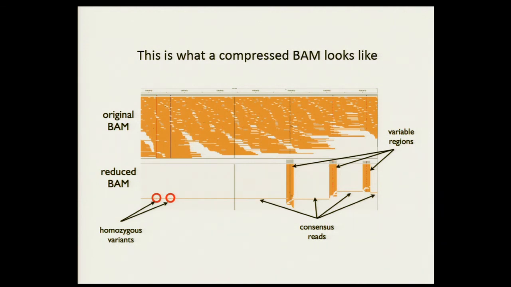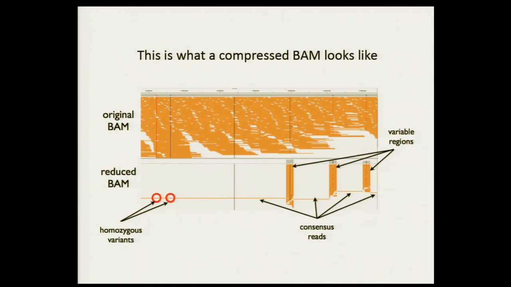So in the end, this consensus read will give us information for each base of what is the depth, how many observations I had for that base, what is the average quality for each base, and what is the general or average mapping quality of all the reads that formed this consensus read. So with all this information, we can actually make accurate calls just by looking at those values.